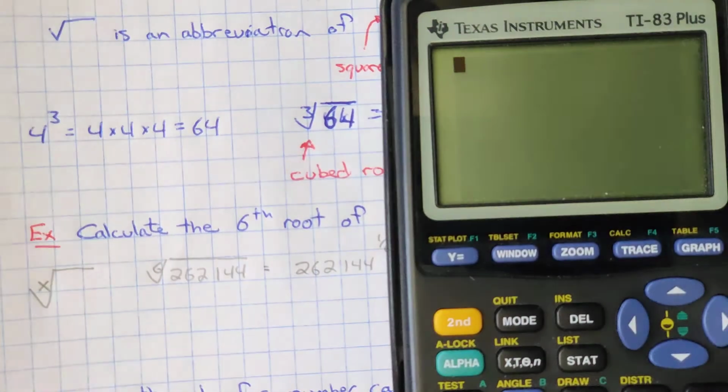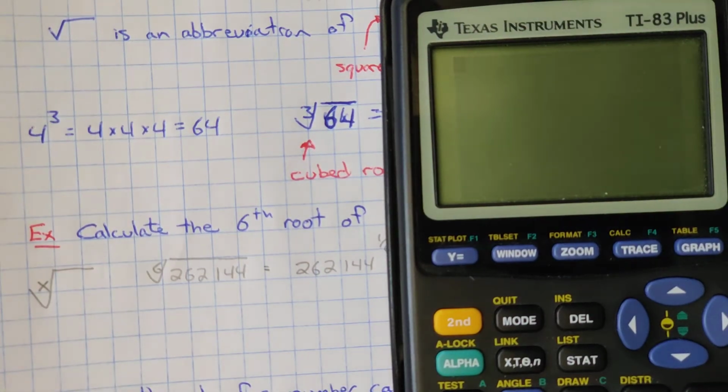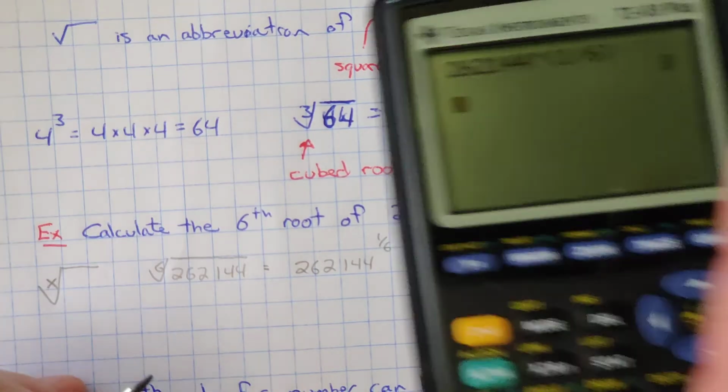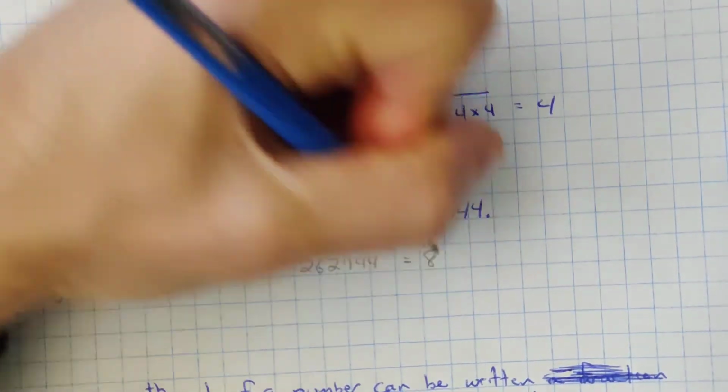If I type that in my calculator, 262,144 to the power of, and I'm going to put it in brackets because if I don't, it's just going to do to the power of 1 divided by 6. So I got to put it in brackets so that it's to the power of 1 over 6. But if I hit enter, I get an answer of 8.